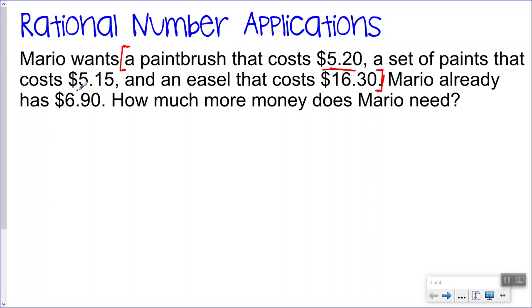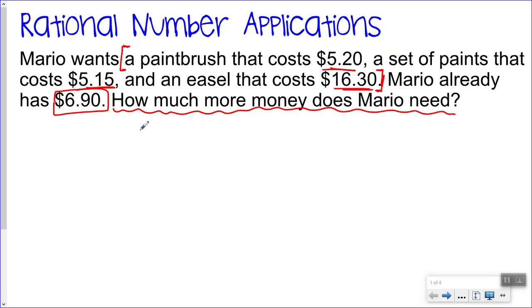So $5.20, $5.15, and $16.30. He already has $6.90. So this is what he's already got in the bank, ready to go. We want to know how much more money does Mario need?